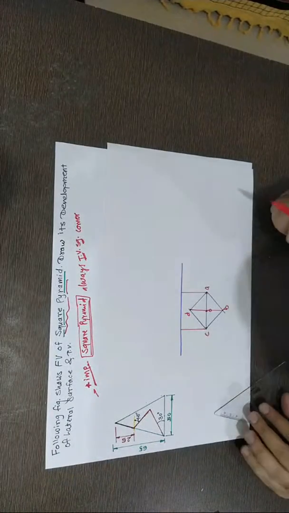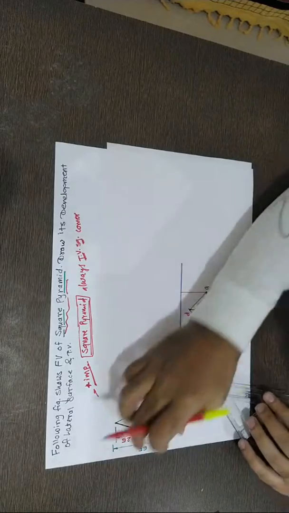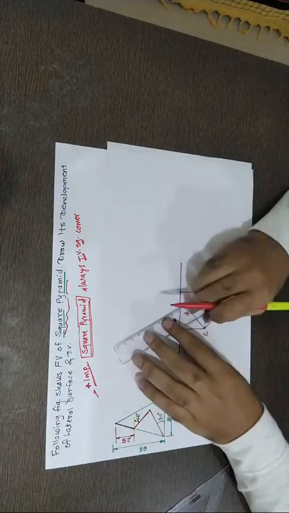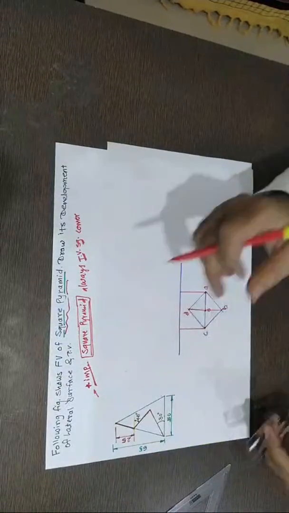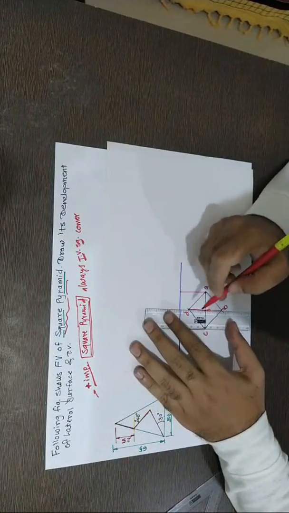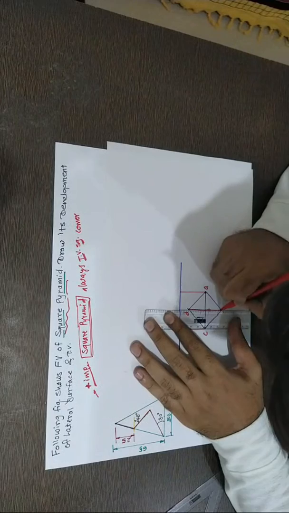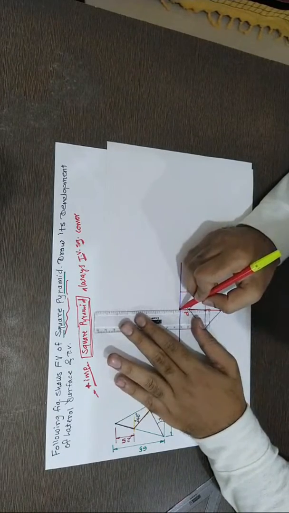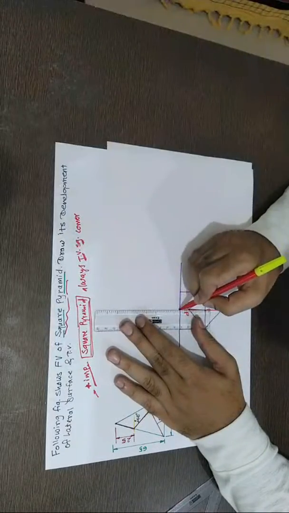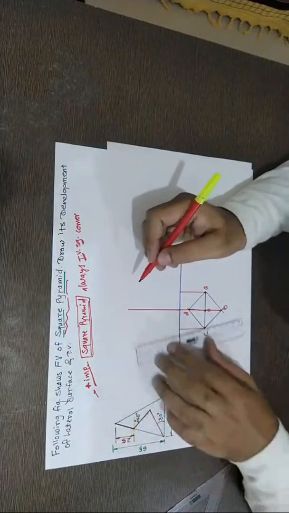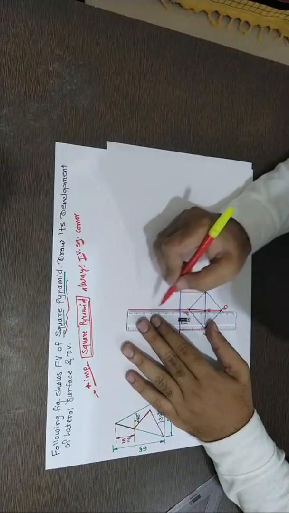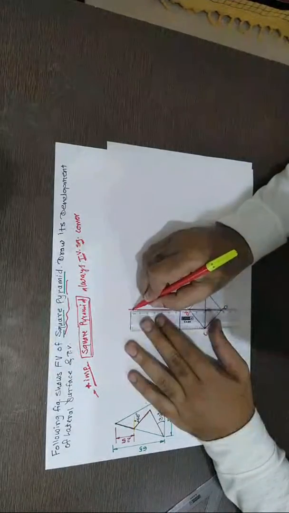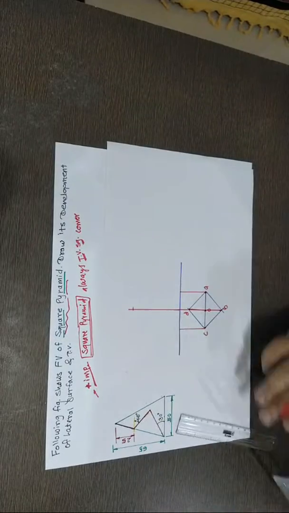So this is 50 base. Can extend 65. So yes, use the 65. So I'll take the 65 here on the axis. This is 65. So here I'll mark 65. Join it.